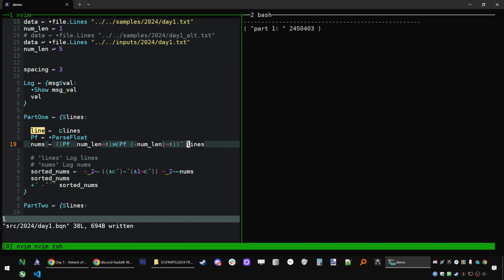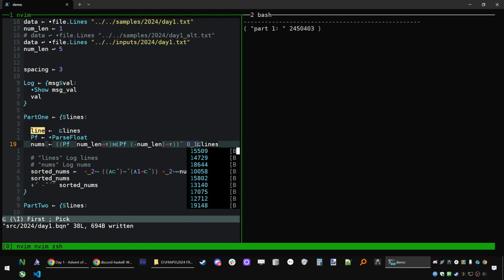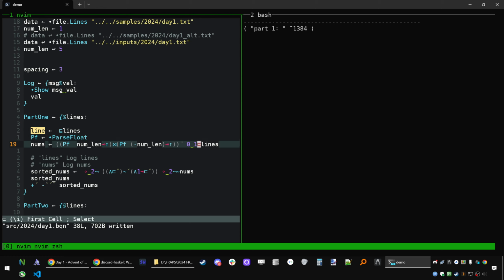Can I simply select a range, right? I can do something like pull indices, pick. I think this is the same. No, get. Is this the same as picking the first three things?